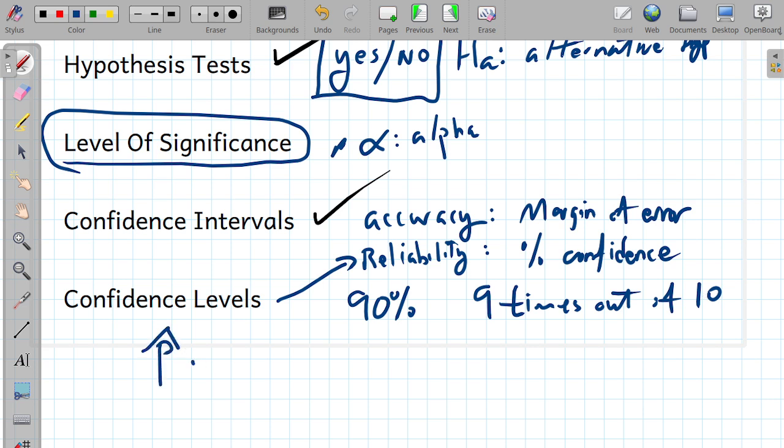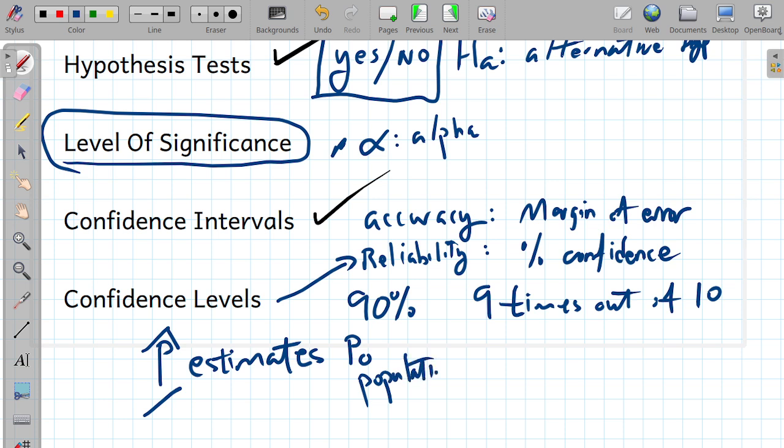So p hat, this is the sample proportion. This is what you measured, okay? So p hat provides an estimate of the parameter. Now recall from earlier in these lectures, this is what's called a statistic, but it estimates the parameter p, or p sub 0, for the population.